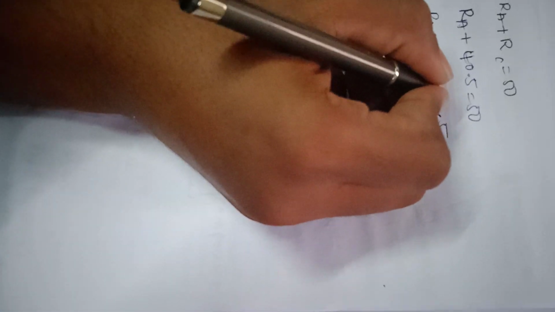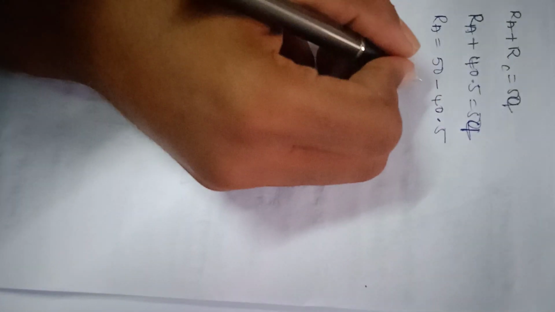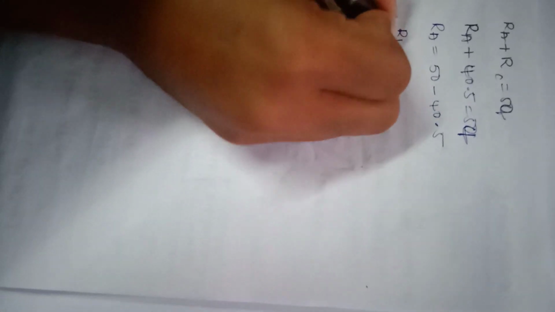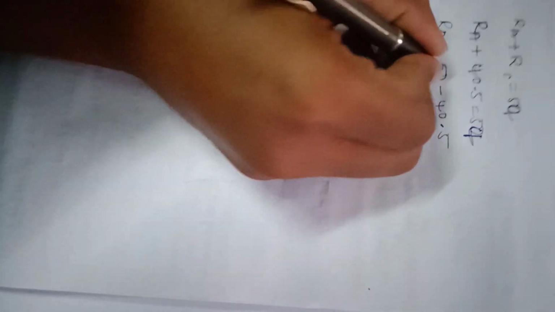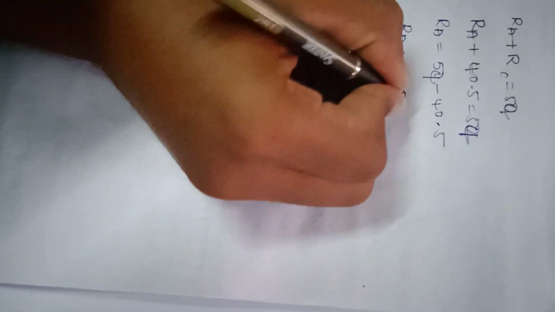RA plus 40.5 equals, it is not 50, it is 54. Therefore RA equals 54 minus 40.5, which is 13.5 kilonewtons.